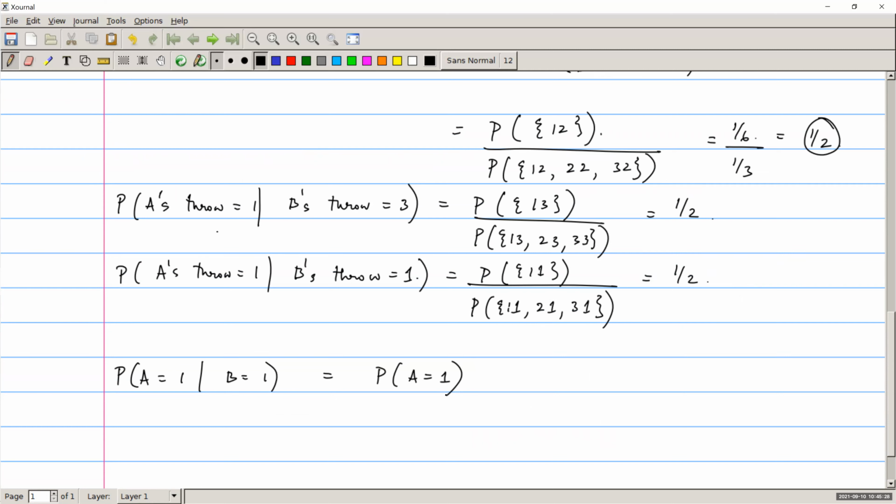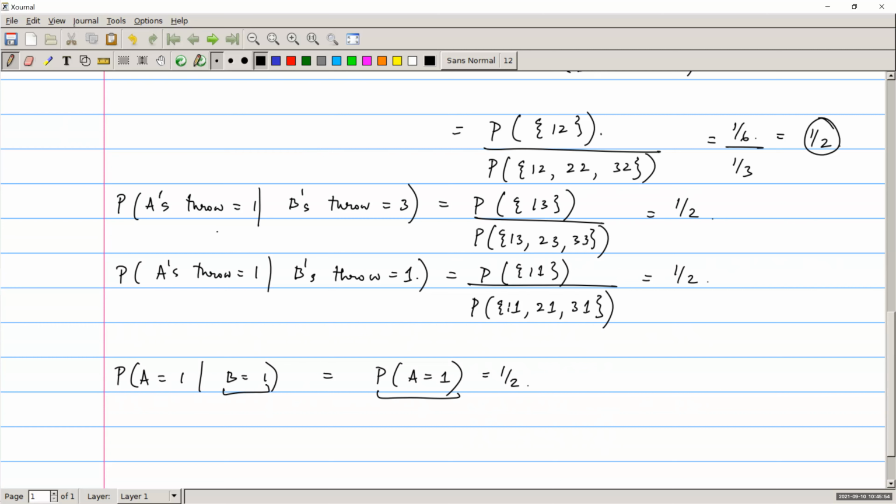That means that initially, without knowing anything, we were given that probability that A's dice would come as 1 to be 1/2. Now even if we are told that B's outcome is 1, it did not change anything about what we thought the probability of A being 1 is.